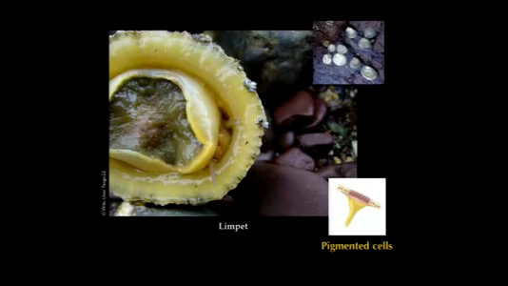Mollusks show a great example in the world of living mollusks, the different stages of complexity in eyes that could represent the stepping stones along which eyes evolved. Limpets, these little creatures like limpets or chitons that cling to the rocks down on the ocean shore, have a type of eye that is essentially a series of pigmented cells. So they can perceive light and dark only, which is useful.